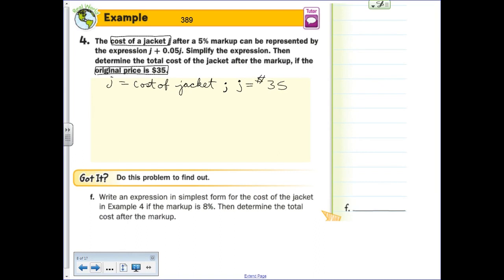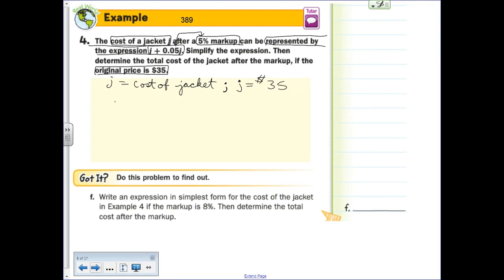It says there's a 5% markup and it can be represented by the expression J plus 0.05 J. We're going to learn later in the year when we do percents that 0.05 is the same as 5%. So that's why this expression works, because that's 5%.